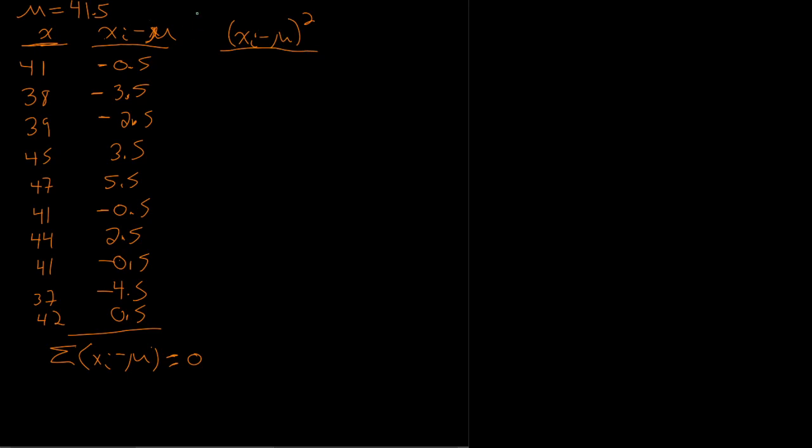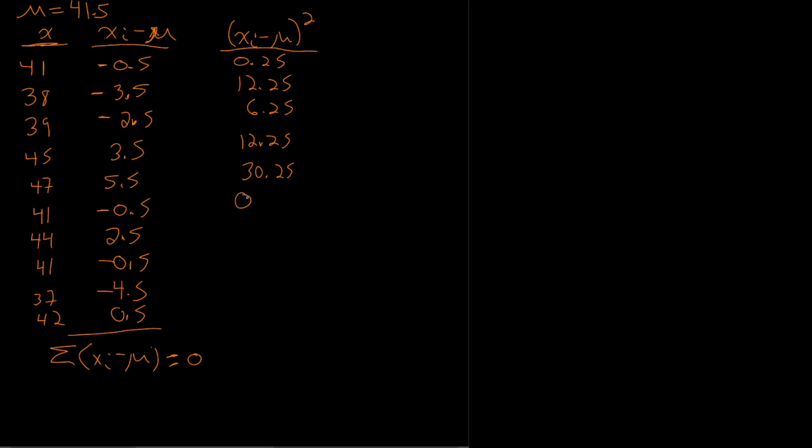And so negative 0.5 squared is 0.25, and 3.5 squared is, and so I'm just going to square these on my calculator. And 12.25 again, because we repeated that number. 30.25.